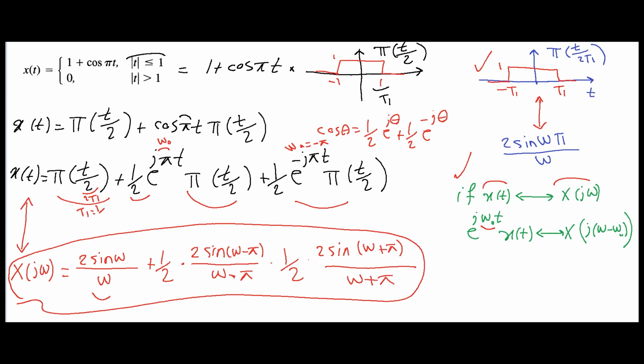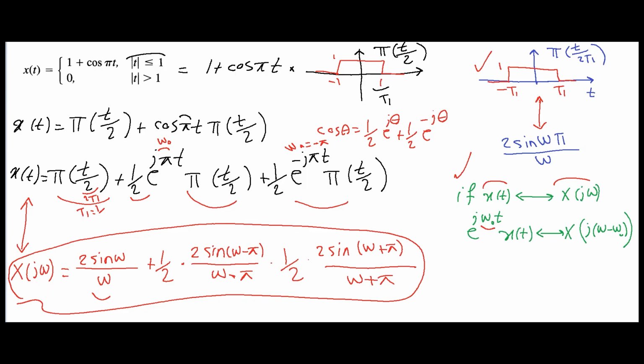Putting everything together, the final Fourier transform is X(j omega) equals 2 sine omega over omega plus 1/2 times 2 sine of omega minus pi over omega minus pi plus 1/2 times 2 sine of omega plus pi over omega plus pi.